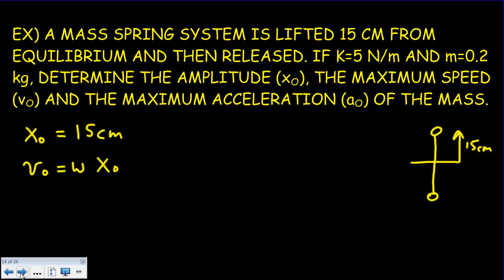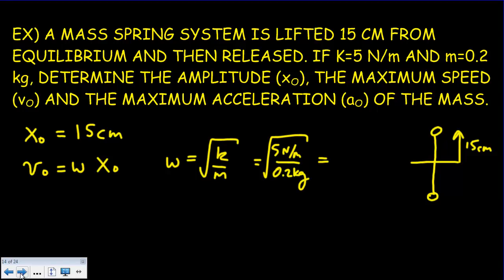But we don't know omega directly, but we know that for a mass spring system, omega is equal to the square root of k over m. So this will equal the square root of 5 newtons per meter divided by 0.2 kilograms, and that works out to be the square root of 25, or 5.0 rad per second.